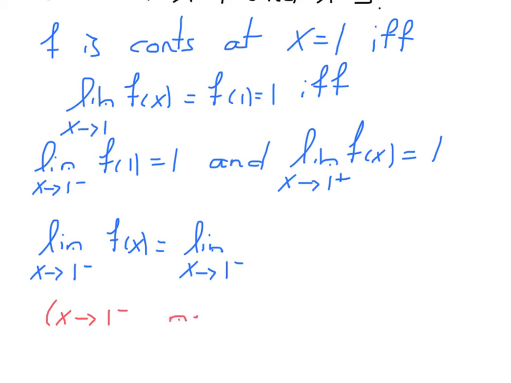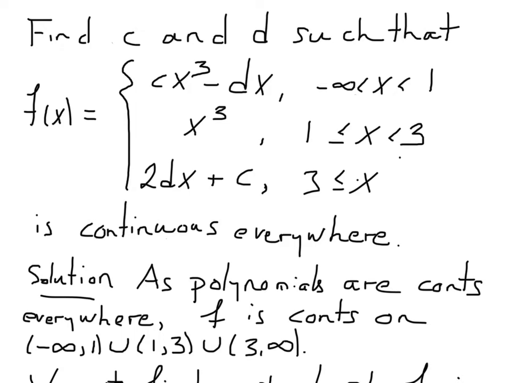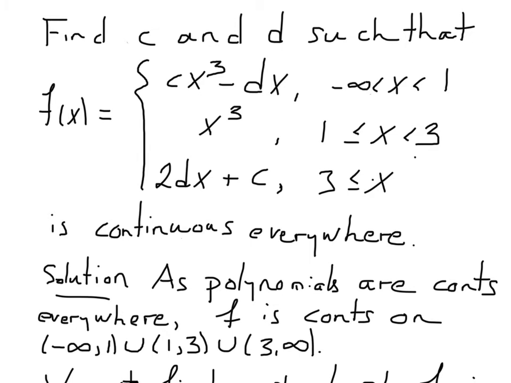So this means that for all x's that we're considering, x is going to be less than 1, so we need to ask ourselves, what does f of x look like when x is less than 1? And if we go up here, we see that when x is less than 1, f of x looks like cx cubed minus dx.